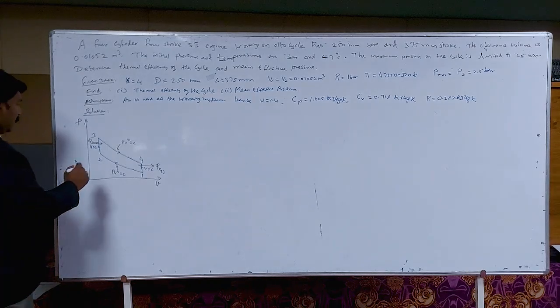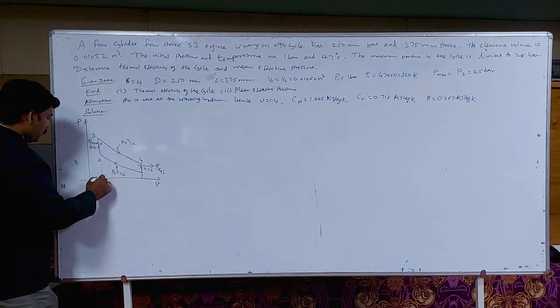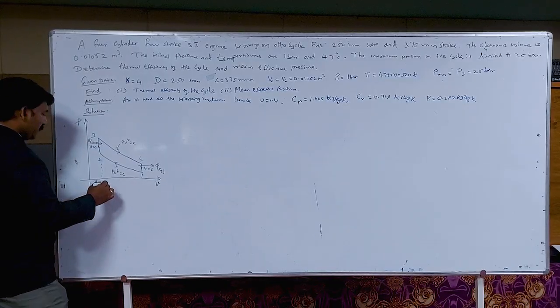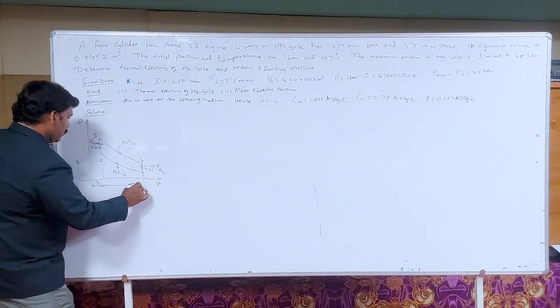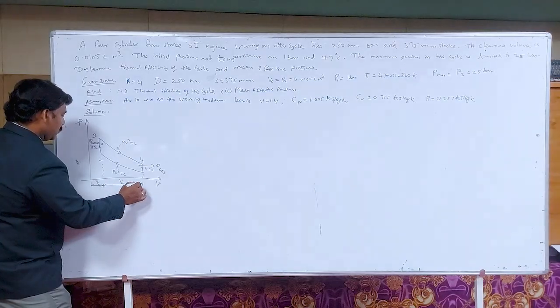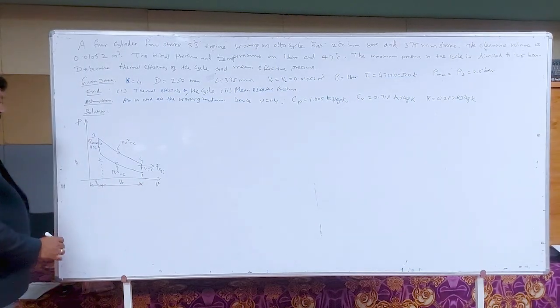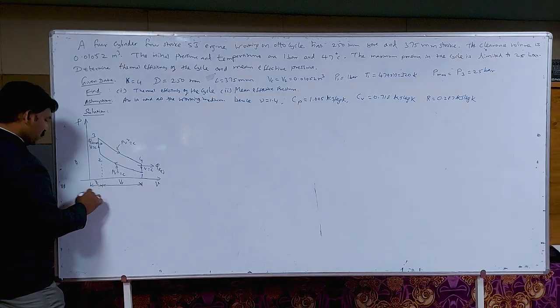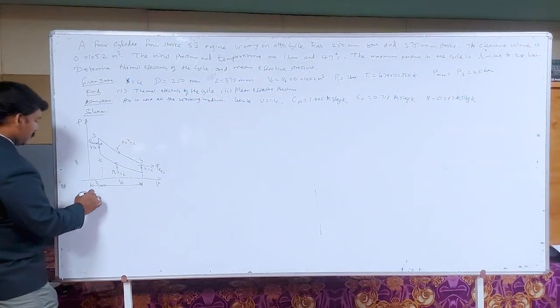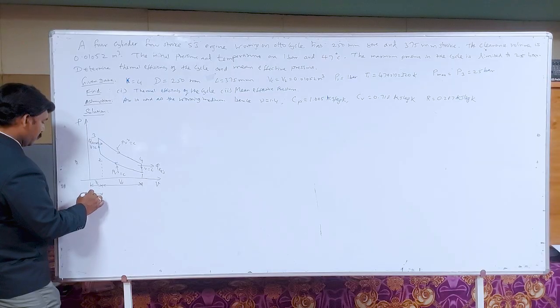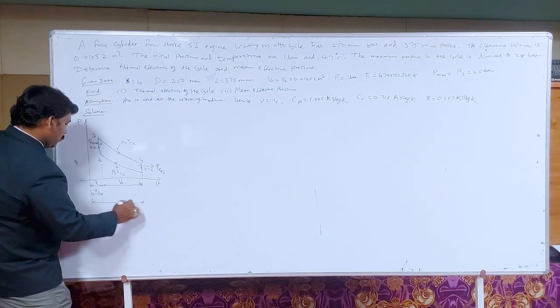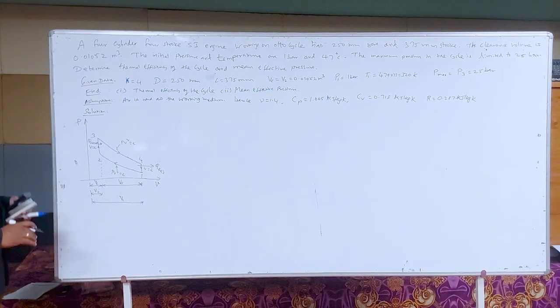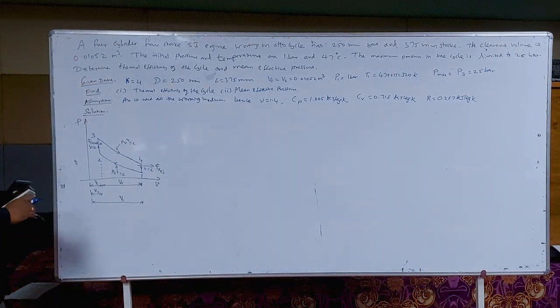And here this is the clearance volume Vc, and this is the swept volume Vs. This is also equivalent to V2, and this is equivalent to V1.